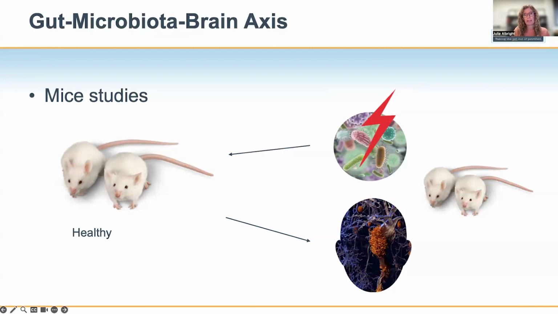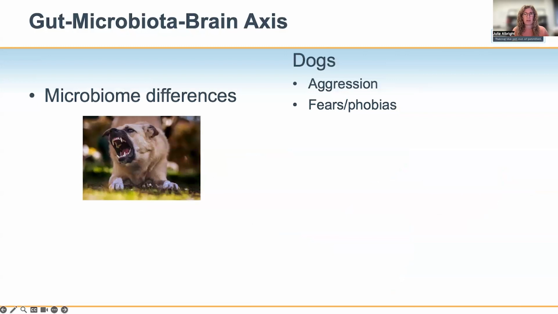But zooming back down into what could this mean for our companion animals? Have there been any studies outside of rodent models? So there have been a few studies looking at dogs in particular, attempting to find some correlation between emotionally and behaviorally healthy dogs and those that seem to be unstable or have some issues.